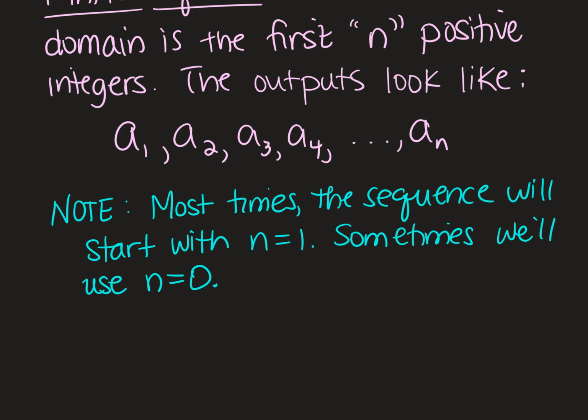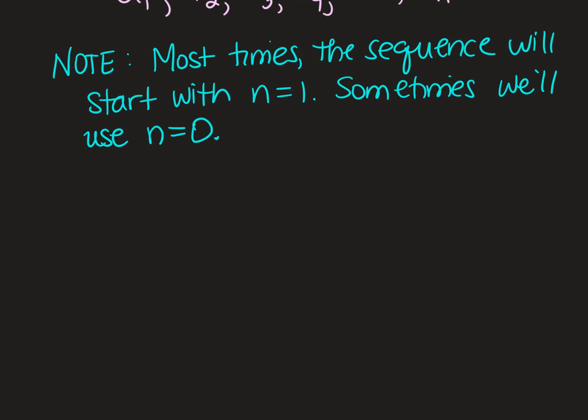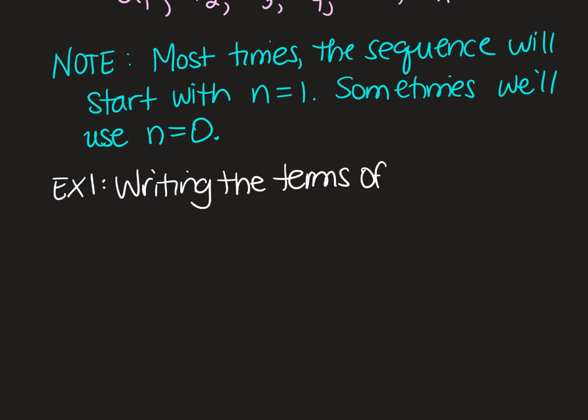Okay, so let's just kind of play around with the idea of a sequence here. And let's work through our first example as just writing the terms of a sequence. In other words, I give you the sequence generator, the thing that's creating the terms in the sequence, and we just find some terms.